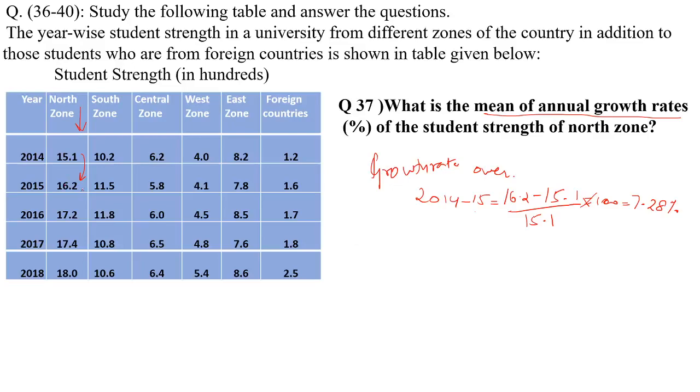Similarly, you have to look over 2015 to 16. So it will be 17.2 minus 16.2 upon 16.2 into 100, that is 6.17%.